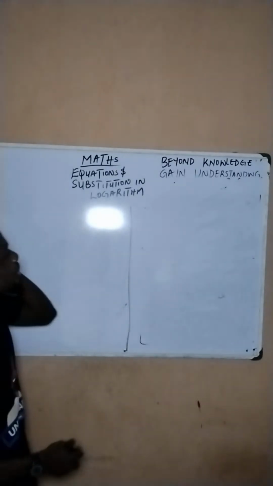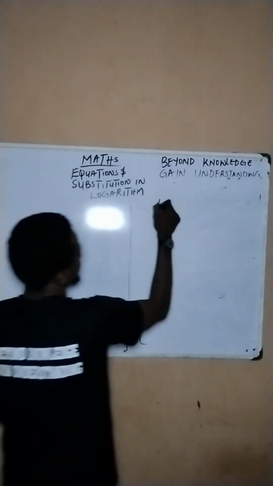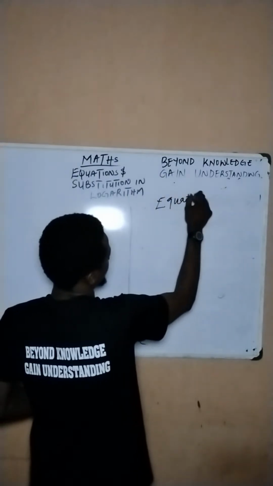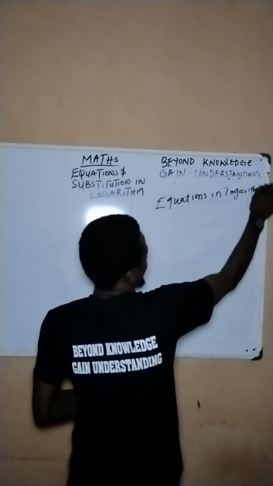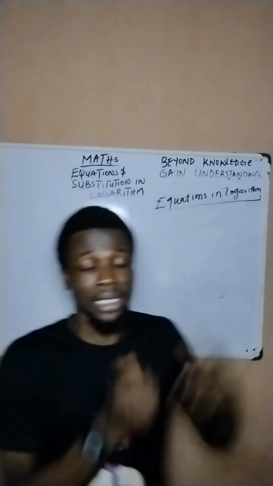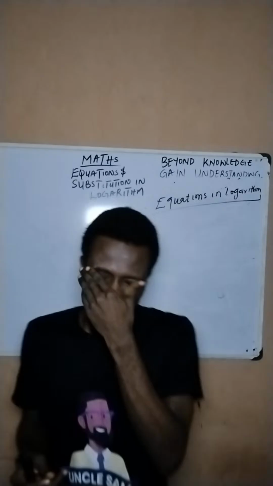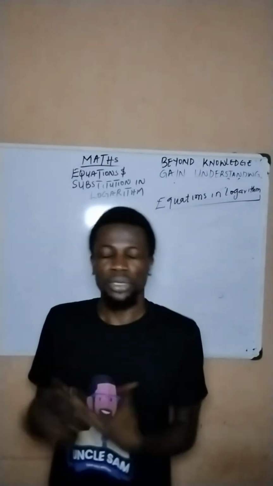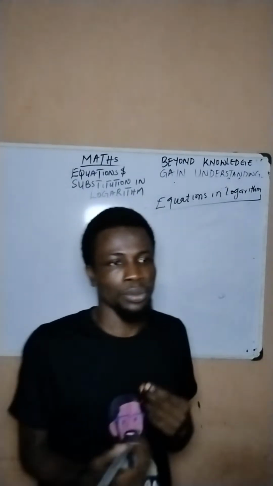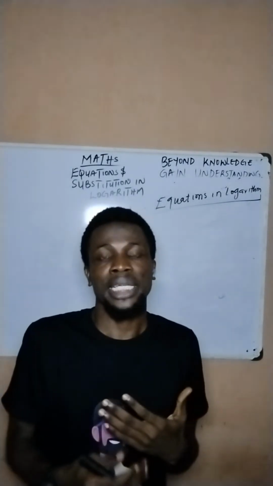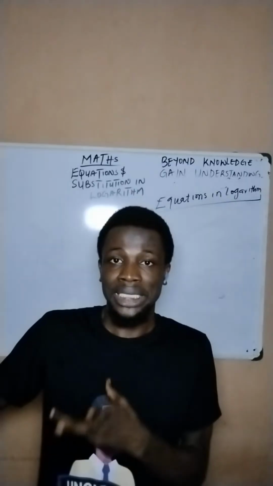So at this point now, we're going into equations in logarithm. And just like I did when we talked about equations in indices, I pointed out some key things that you must see before you can know that a particular expression is an equation.